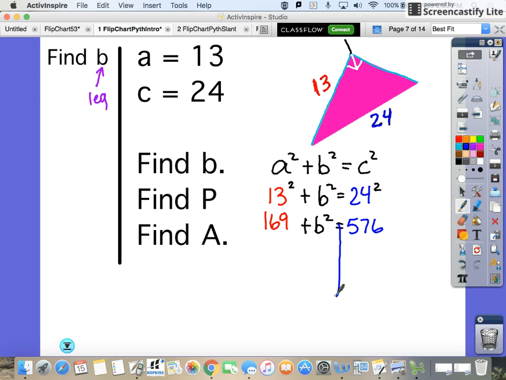To solve, what we do is subtract 169 from both sides. We have B squared equals 407. Then we need to square root both sides. So B is 20.17.